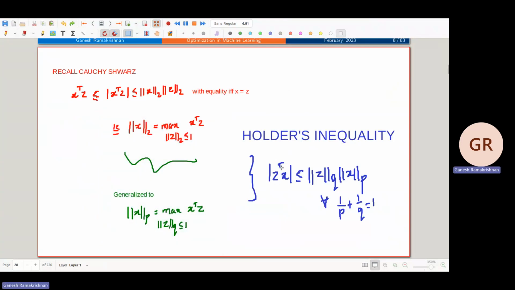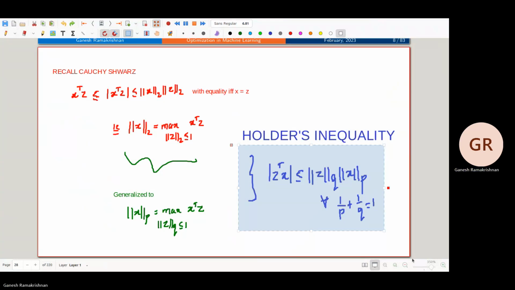This, in fact, is related to another inequality called Holder's inequality. Just like the Cauchy-Schwarz inequality said, the absolute value of x transpose z is less than or equal to the 2 norm of x times the 2 norm of z, Holder's inequality says the absolute value of x transpose z is less than or equal to the q norm of z times the p norm of x.